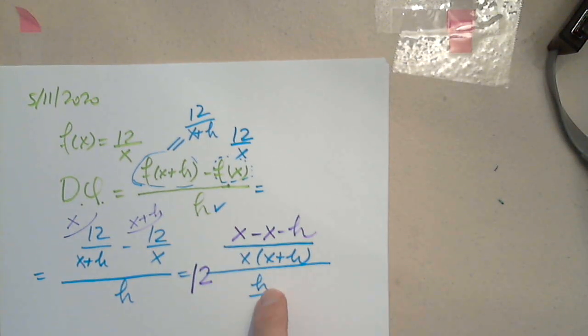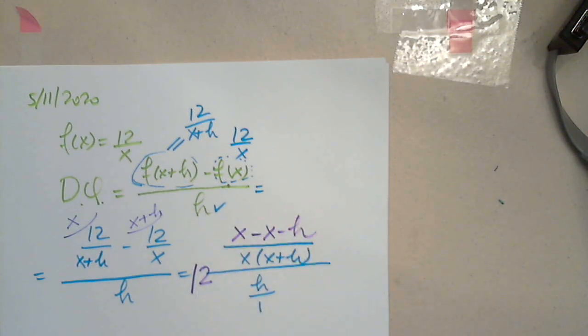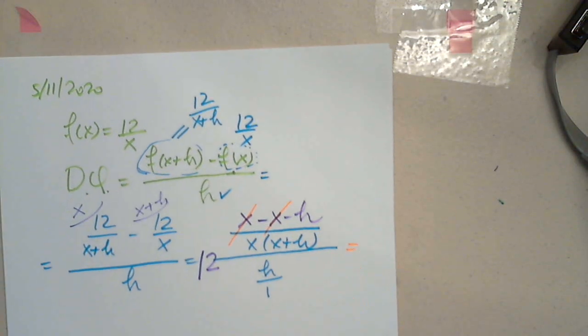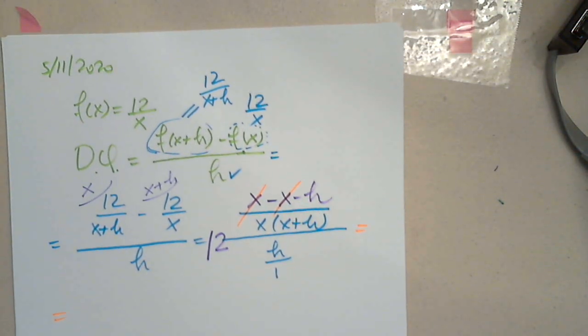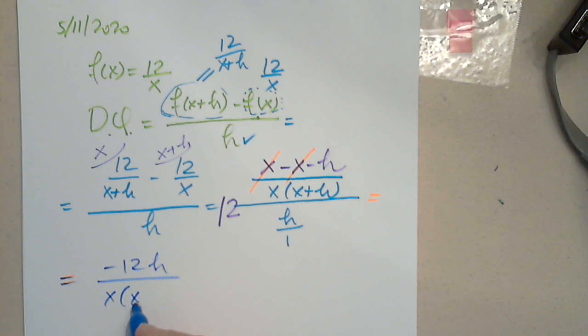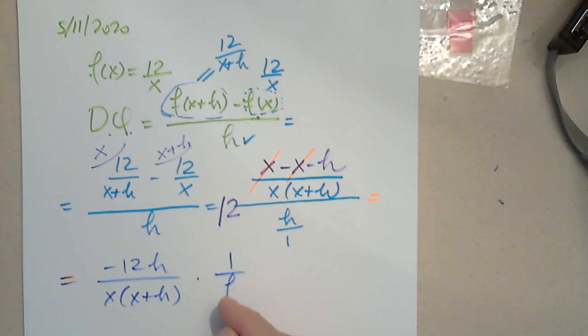So eventually this h will go away, but everything that does not have h in the numerator has to go away, and it does. So now we have a 12 and minus h. Oops, that's not a good color, sorry. So negative 12h divided by the denominator and multiplied because I have to flip.